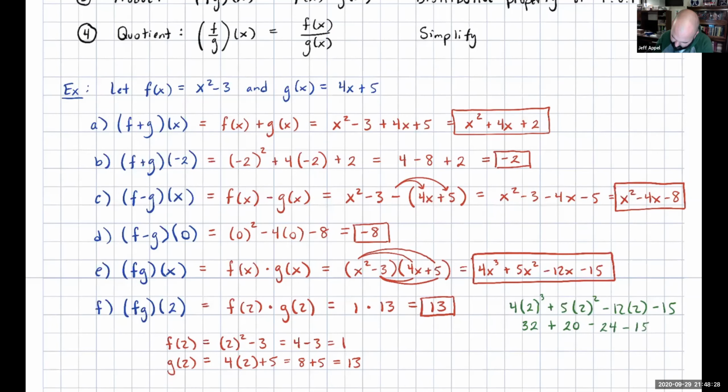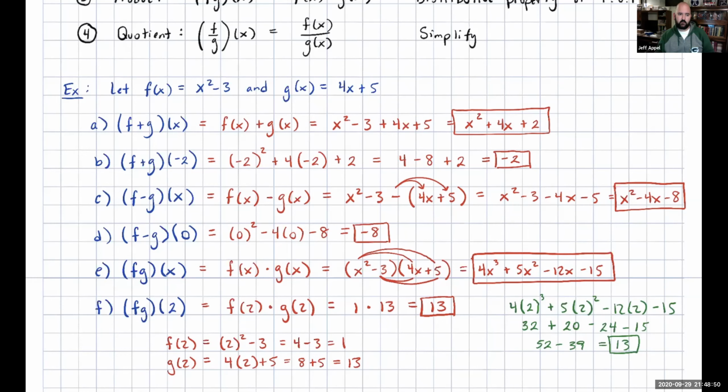And this is going to be 52 minus, well, that's the equivalent of minus 39. And sure enough, it works out the same. So there you go. You're going to get 13 in either case.